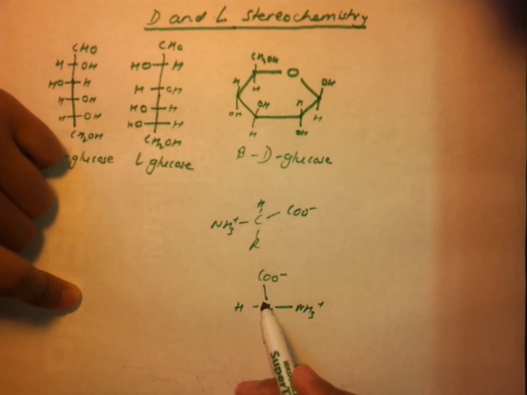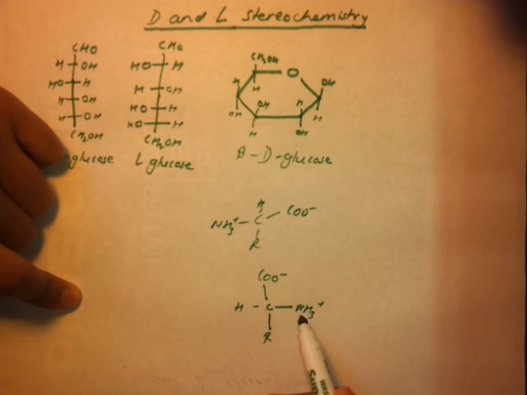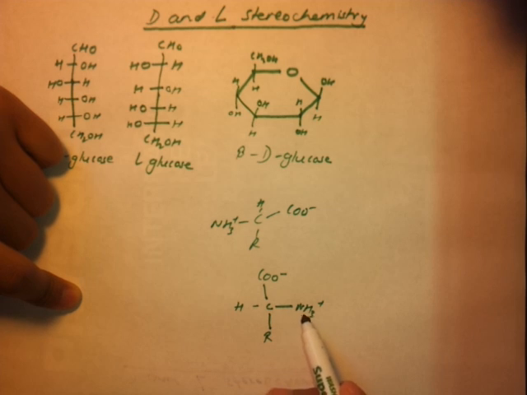So on the Fischer projection, you need to have the carboxyl group on the top and R on the bottom. If the amino group is to the right, you call it a D amino acid. If it's to the left, you call it an L amino acid. In this case, it's our D amino acid.